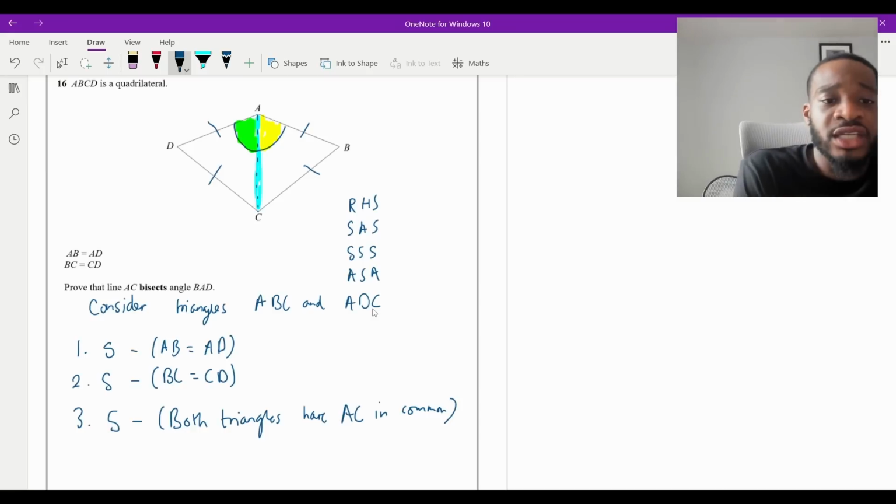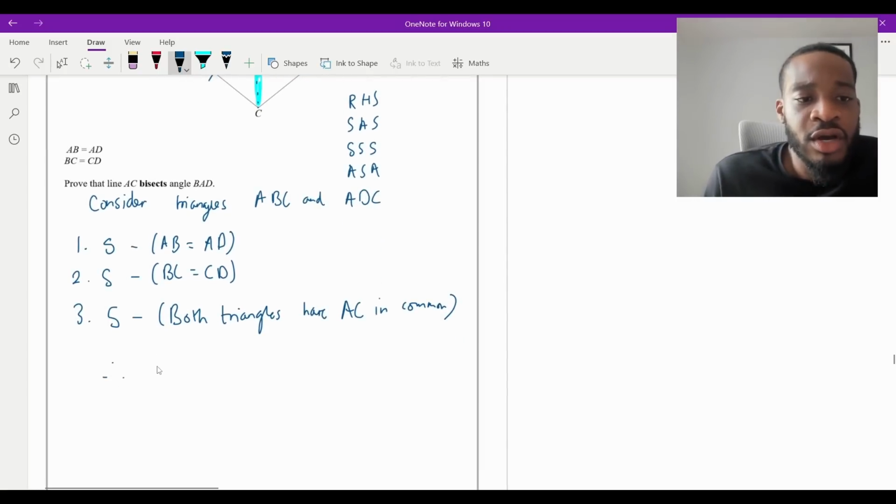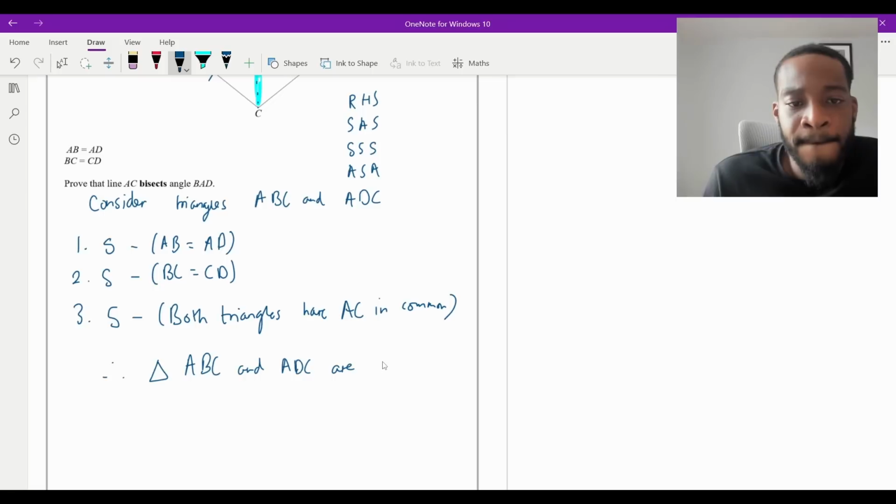Now we're considering those two triangles and we've shown that each of them have the same side, side, side. So therefore, triangle ABC and ADC are congruent.